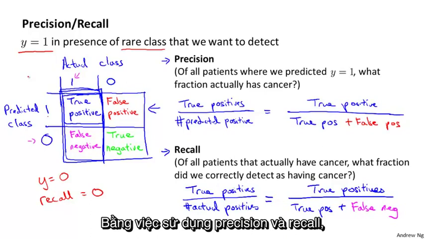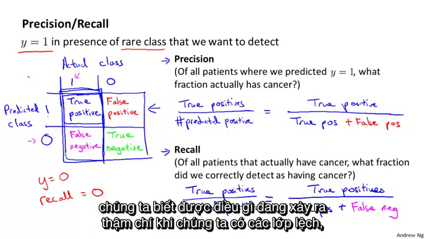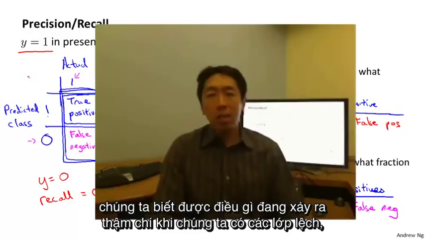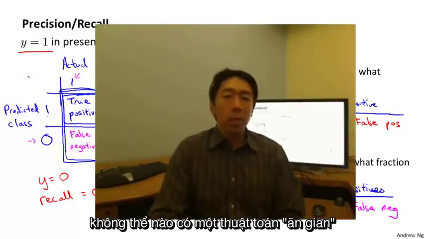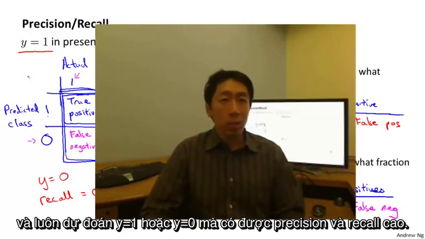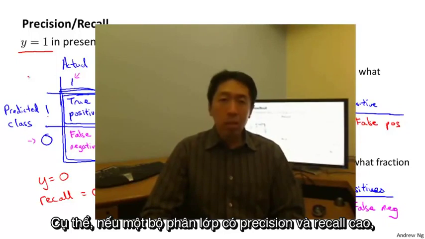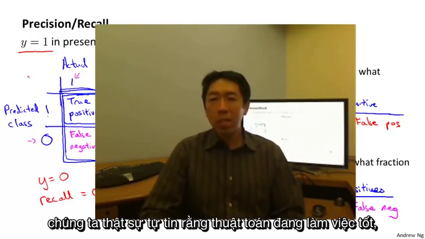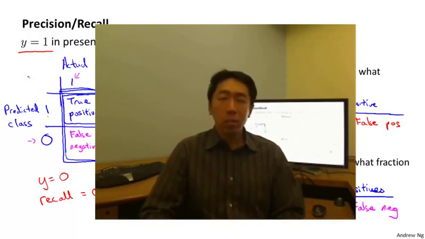By using precision and recall, even if we have very skewed classes, it's not possible for an algorithm to, quote, cheat and predict y equals 1 all the time or predict y equals 0 all the time and get high precision and recall. In particular, if a classifier is getting high precision and high recall, then we're confident that the algorithm is doing well even if we have very skewed classes.